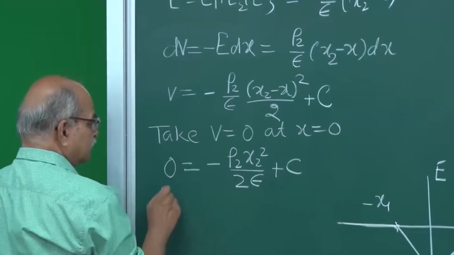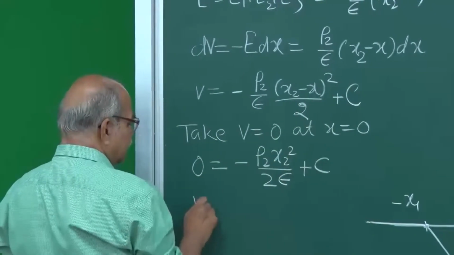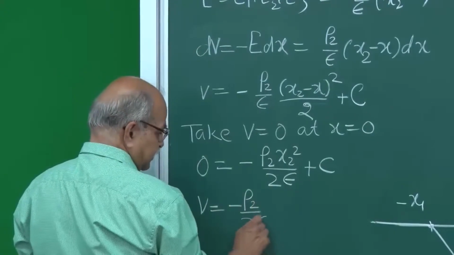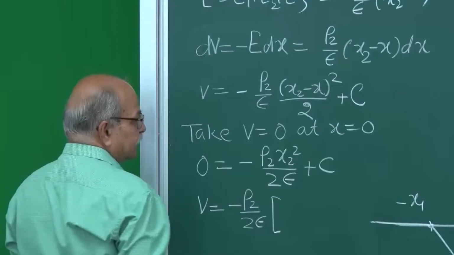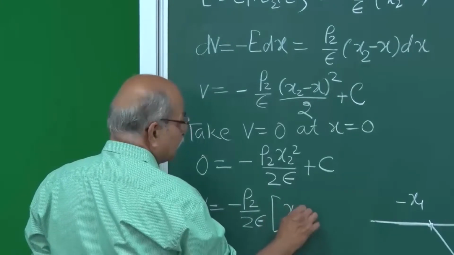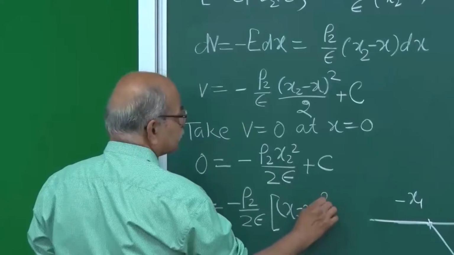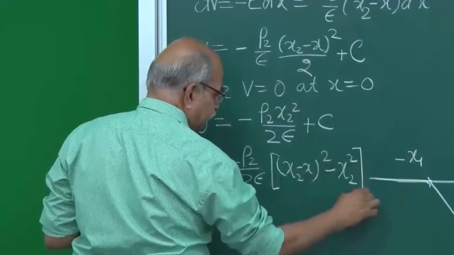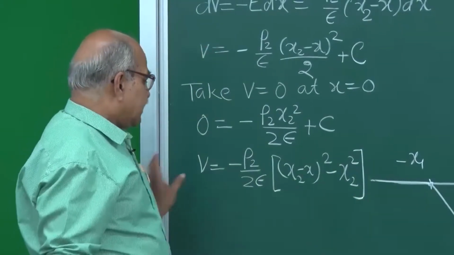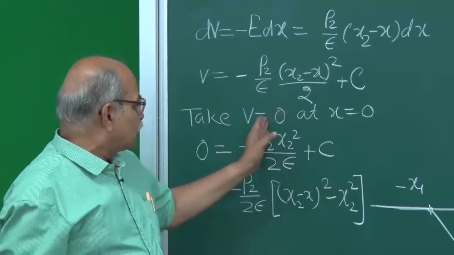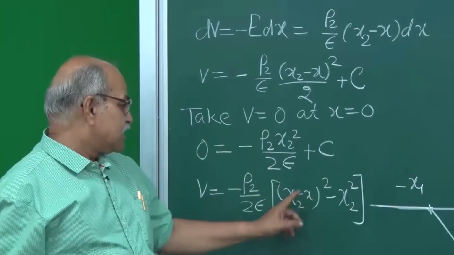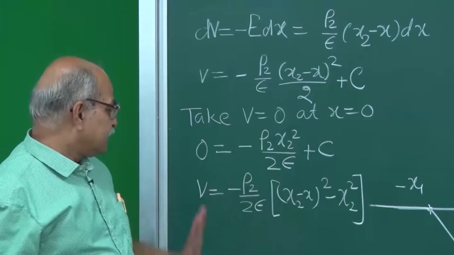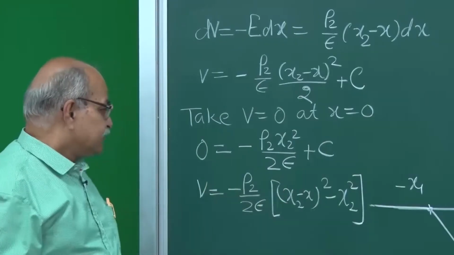You can put that c there and you get V is equal to minus rho 2 over 2 epsilon times x2 minus x whole square minus x2 square. Let us check at x equal to 0, V should be 0. At x equal to 0, it is x2 square minus x2 square, that is 0, that is fine. So we have substituted it correctly. This is the expression for V.